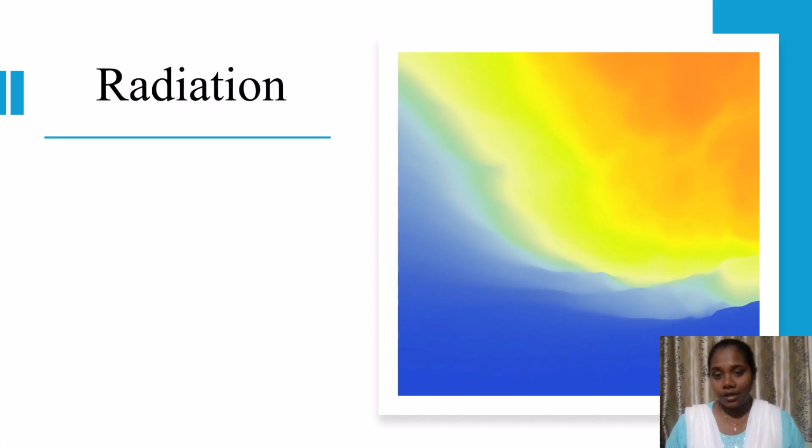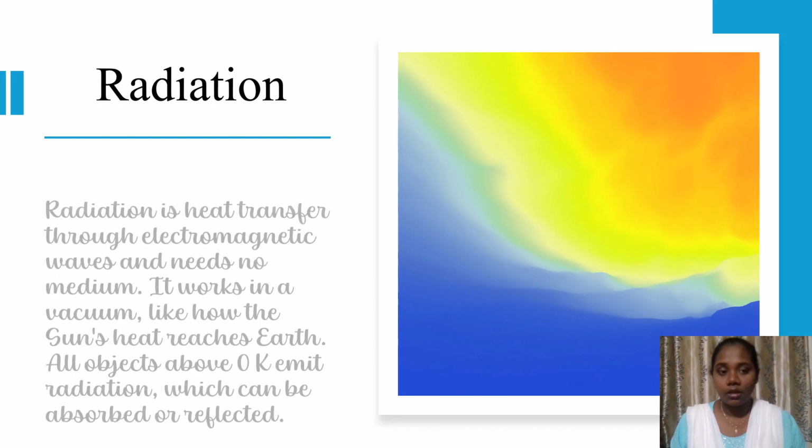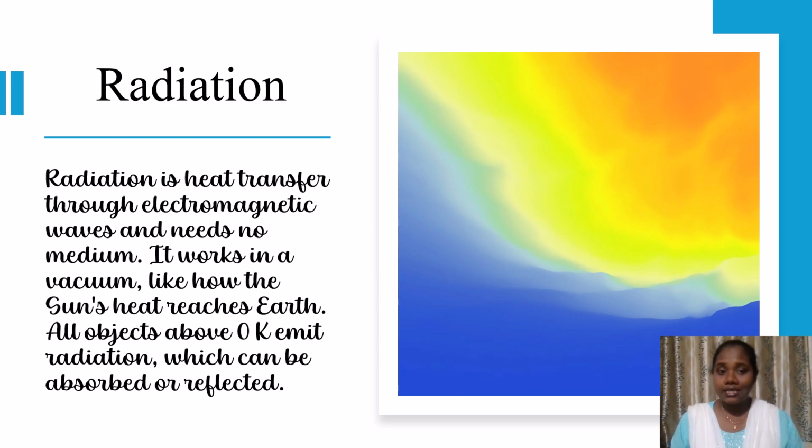Now let's see radiation. Radiation is a type of heat transfer through electromagnetic waves and needs no medium. It works in a vacuum, like how the sun's heat reaches the earth.